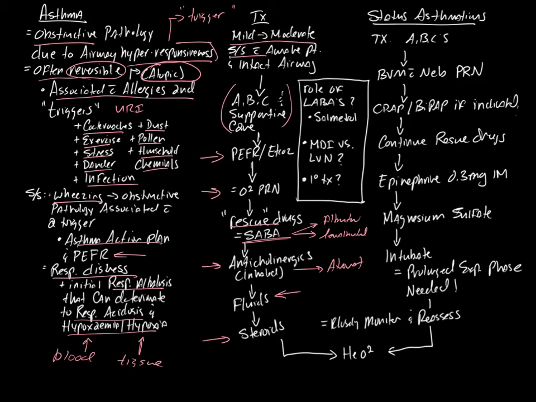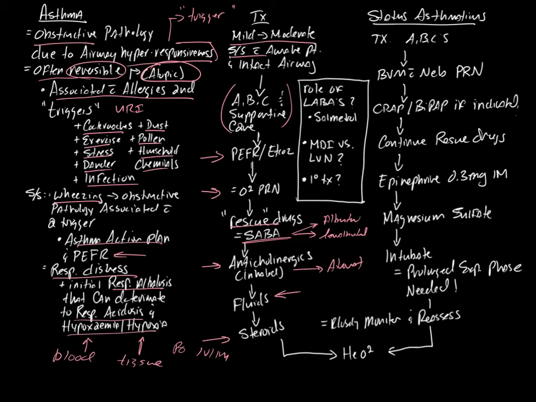So you have inhaled or you have systemic. And you have two flavors of systemic steroids. You have oral, and then you have your parenteral, which is typically IV, sometimes IM. What is the common parenteral steroid that we administer? Solu-Medrol or methylprednisolone, generally at a dose of about 1 milligram per kilogram.